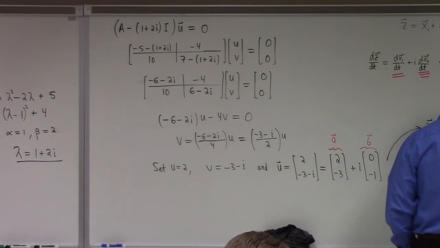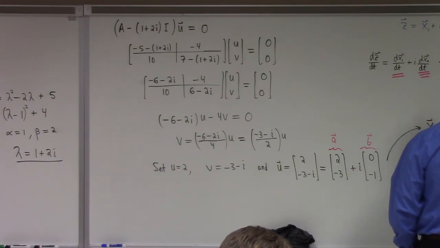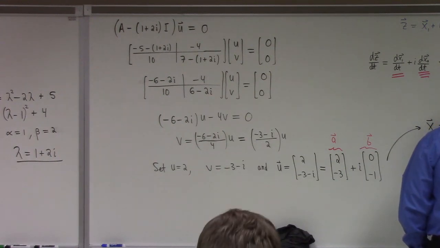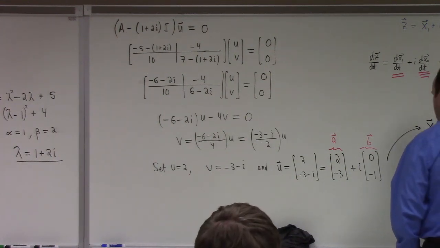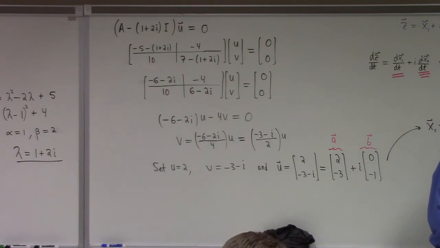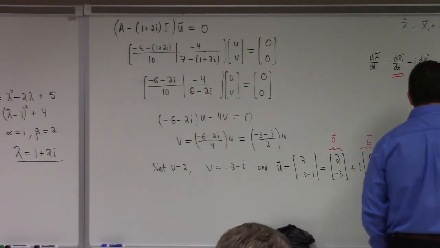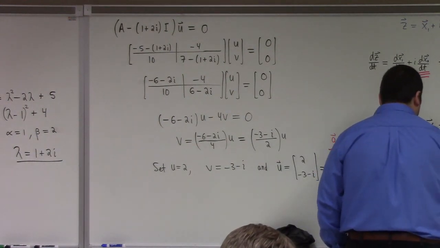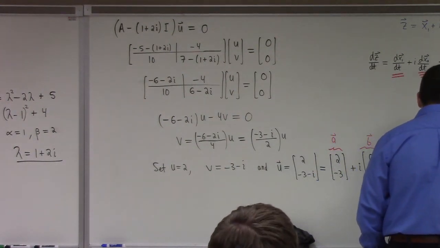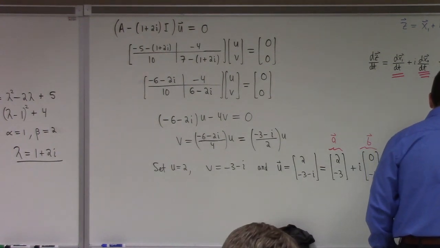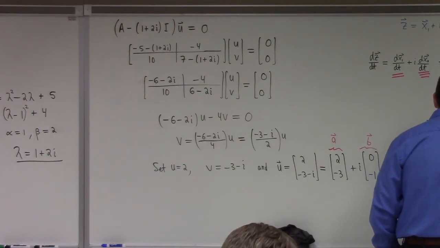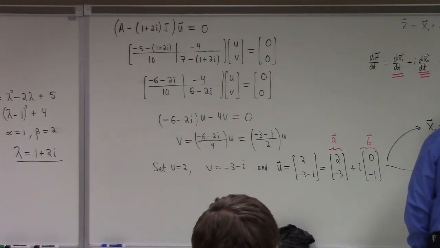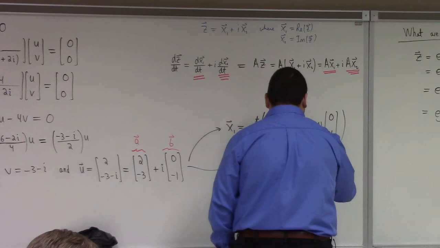And then my a vector was 2 minus 3, minus the sine of 2t, my b vector, 0 minus 1. And x2, e to the t, sine 2t, 0, wait a minute. Yeah, 0 minus 1, plus the cosine of 2t.